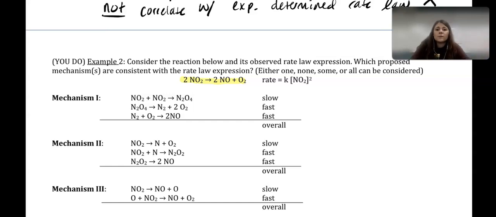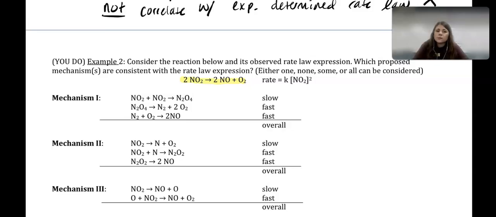This does represent a mechanism, just because we have these example problems of mechanism 1, 2, and 3. So what you're going to do is ensure that both qualifications occur. That if you take the sum of all three steps, it matches the balanced overall.